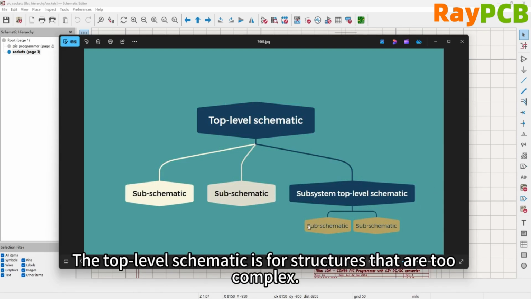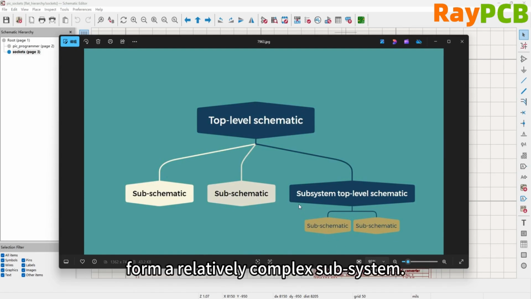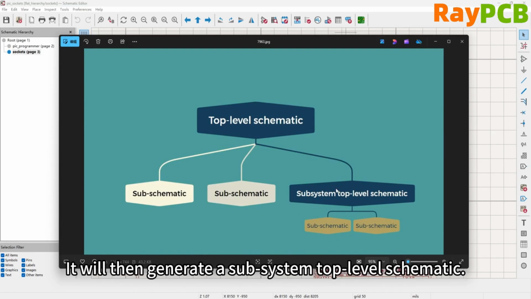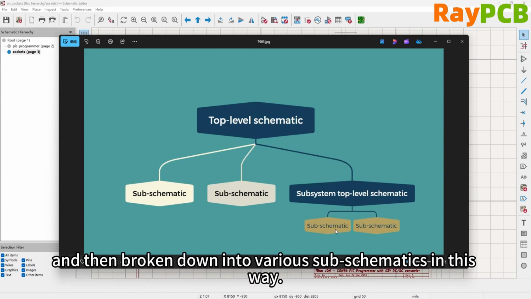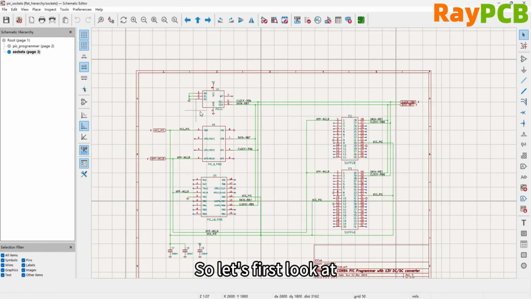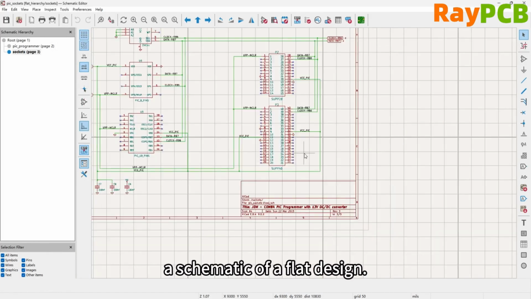In cases where the structure is particularly complex, these schematics together form a more intricate system, which then generates a subsystem top level schematic again, a module, a block, which is then further broken down into various sub-schematics in this way.